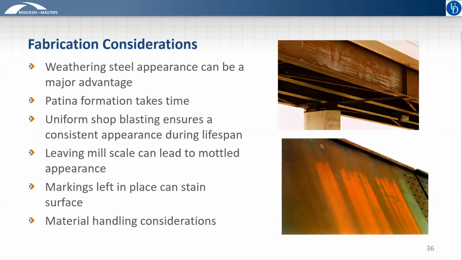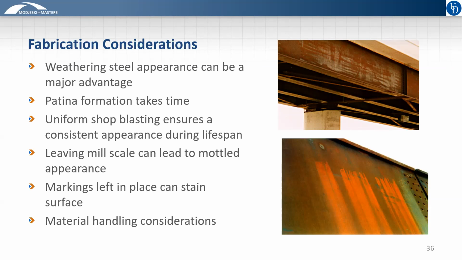Next slide. So moving directly from design considerations into more fabrication and construction considerations, the manual addresses these as well. A lot of the fabrication considerations are more aesthetic than performance. Weathering steel, if it's appropriately fabricated and constructed, can really have quite a pleasing aesthetic appearance.